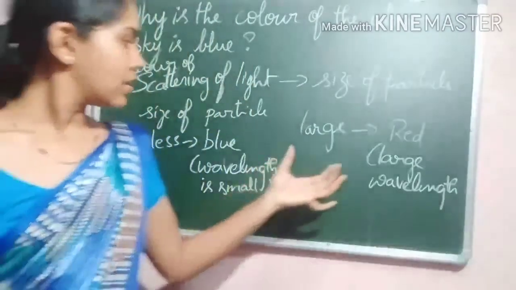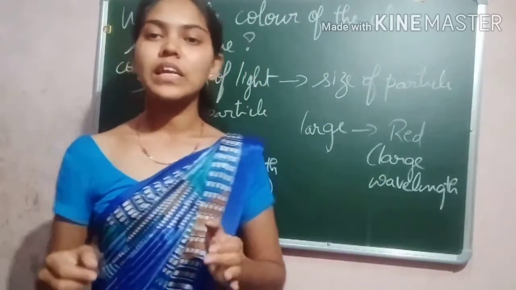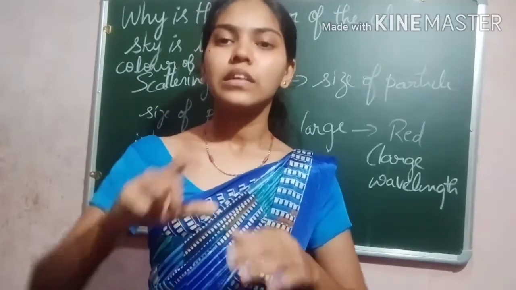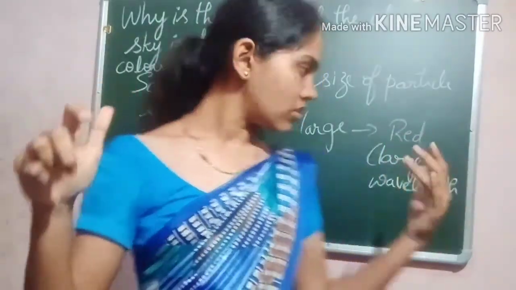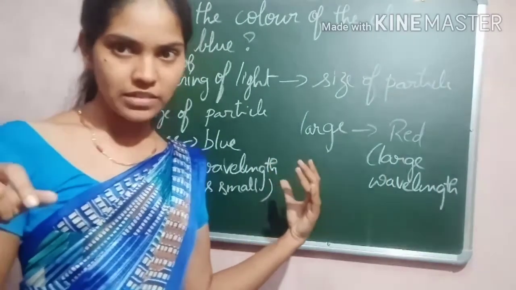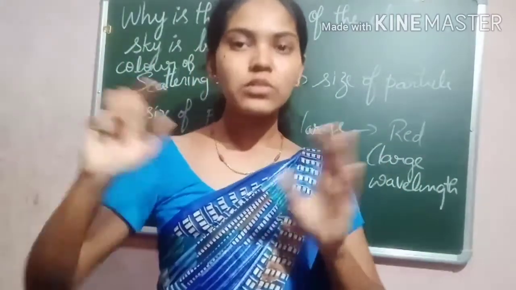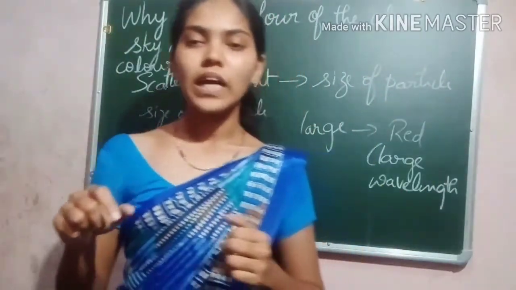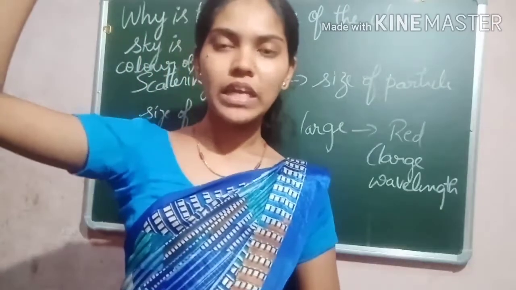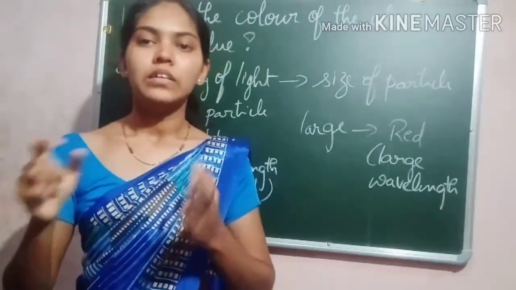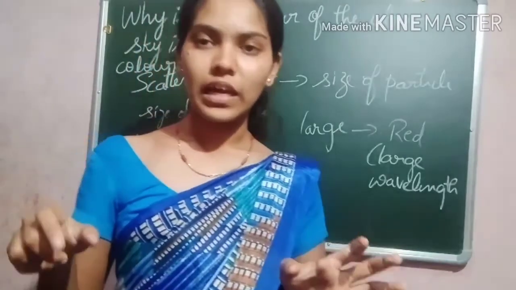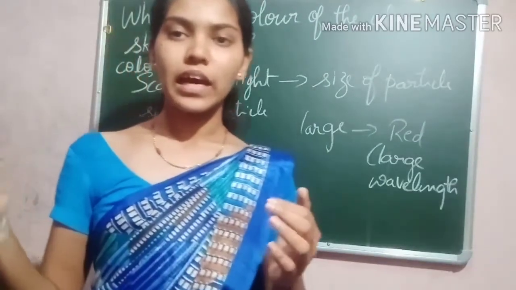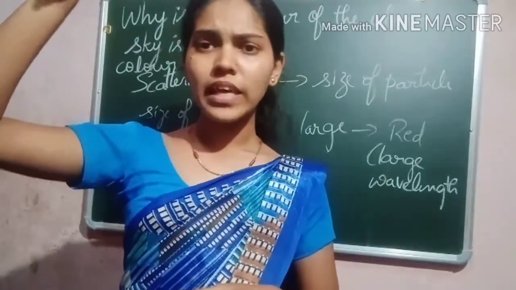Now if there is no atmosphere, the particles are not present, so no scattering of light takes place and the sky will appear dark. That is why, if a person is flying at a very high altitude, like astronauts, the sky appears dark in color, because there is no atmosphere.